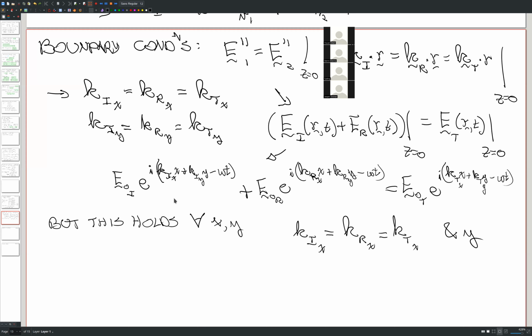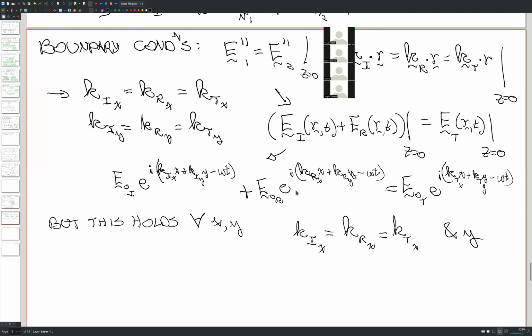Given that I have an explicit function here of x, my only hope of finding a non-trivial solution, non-trivial meaning that these constants here, here, and here can be non-zero. Of course, if I put all these constants to 0, then I've got a solution. Yeah, but you don't get paid for that.